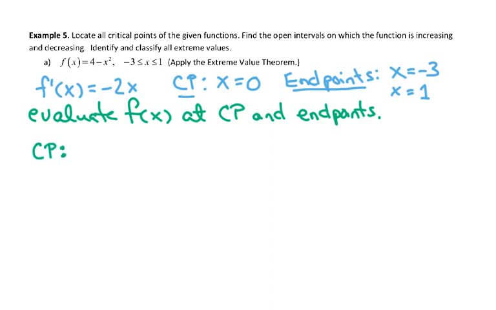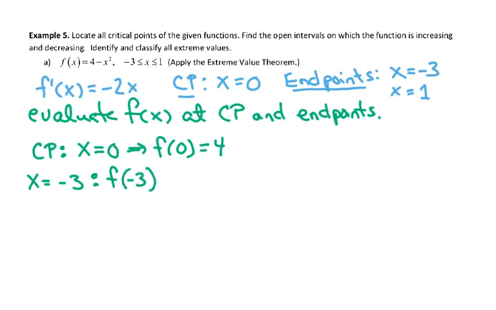So the critical point, x equals 0. What is f of 0? 4. When x equals negative 3, that's an endpoint. F of negative 3 equals 4 minus 9, which is negative 5.